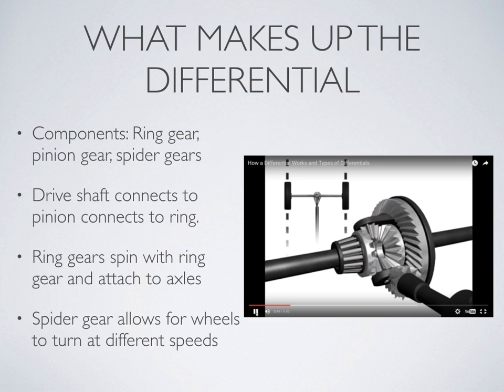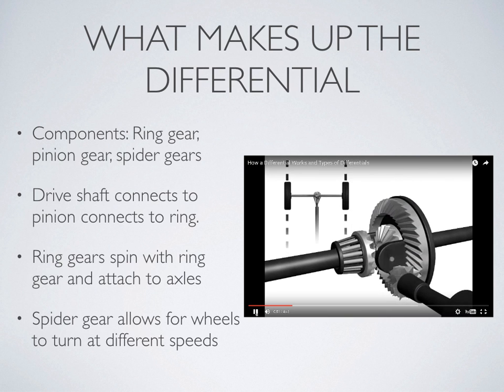There are two parts of the spider gear that spin: the actual outside of it, which you'll see in this animation, and the individual gears. And then from there, the spider gears are connected to bevel gears, which go out to the wheels and turn the wheels. So this animation will show you how it works.